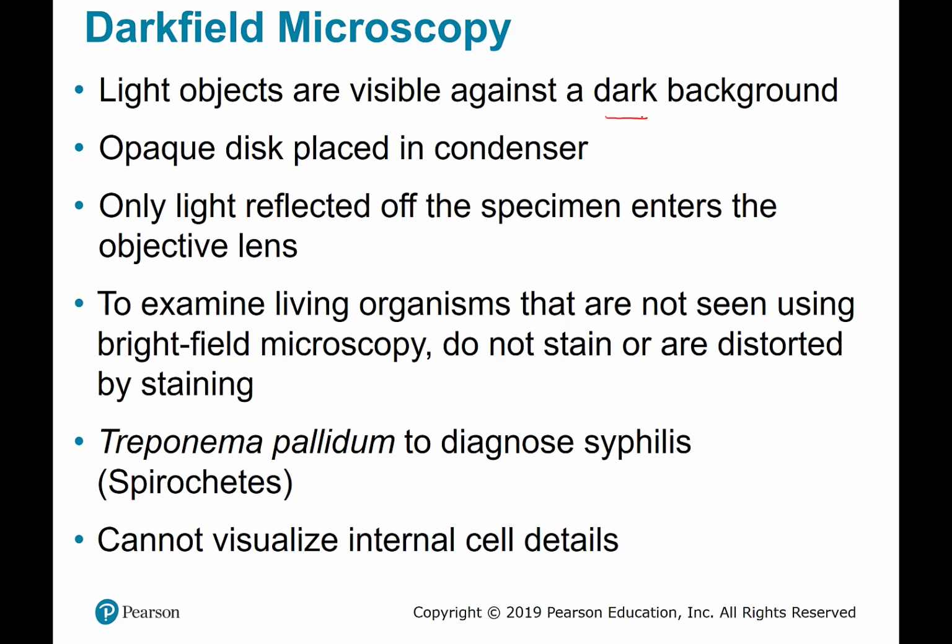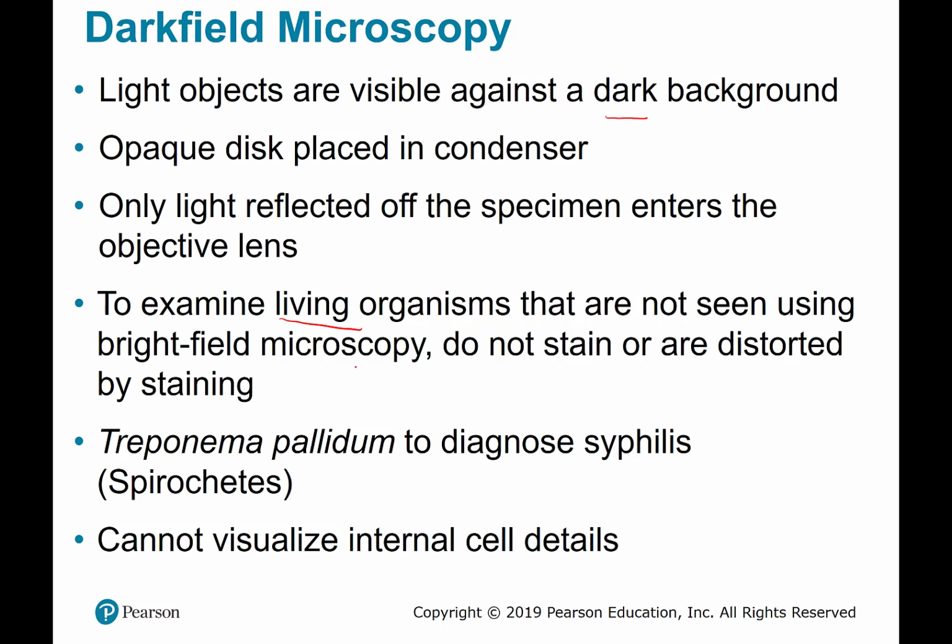And dark field microscopy is going to be used to examine living organisms that are not seen using the bright field microscope. So they are below the size limits of the bright field microscope, or they're going to be organisms that do not stain or are distorted by staining. So living organisms is important.